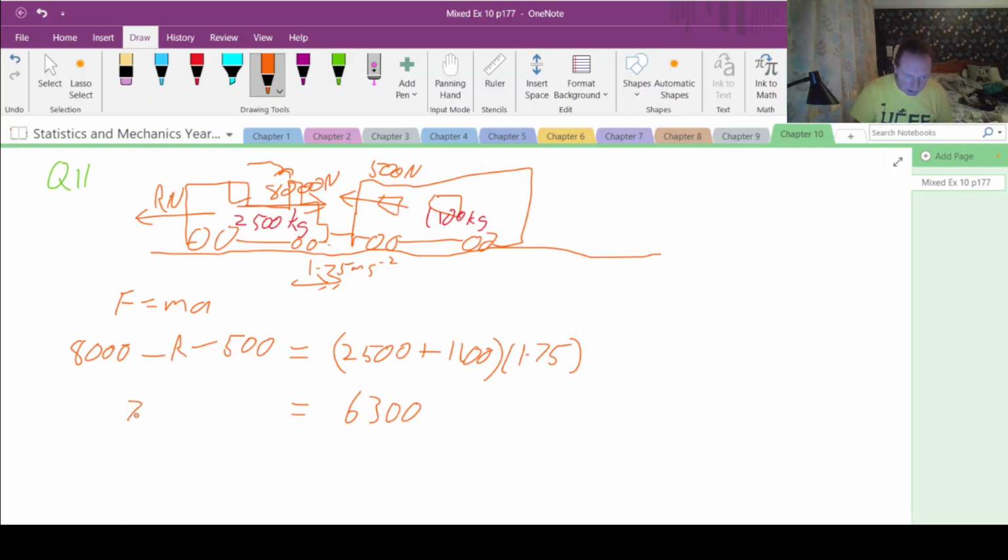Okay, so we've got 7,500 minus R. So when we bring it across, 7,500, take away 6,300, gives us 1,200 newtons. Excellent. Right then, part B.